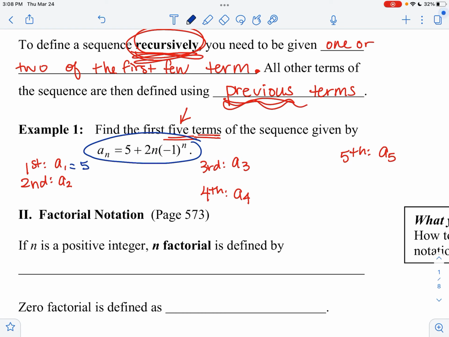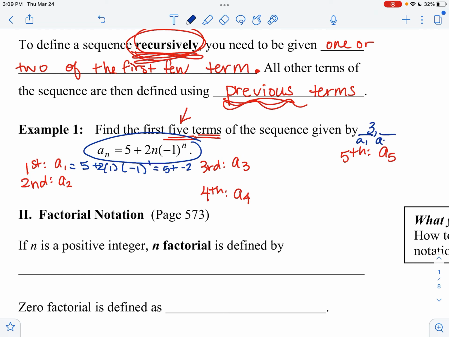So we say 5 plus 2 times n, which is 1, times negative 1 to the 1 power. So that's really 5 plus 2 times negative 1, which is negative 2, which is 3. So the first term is 3.